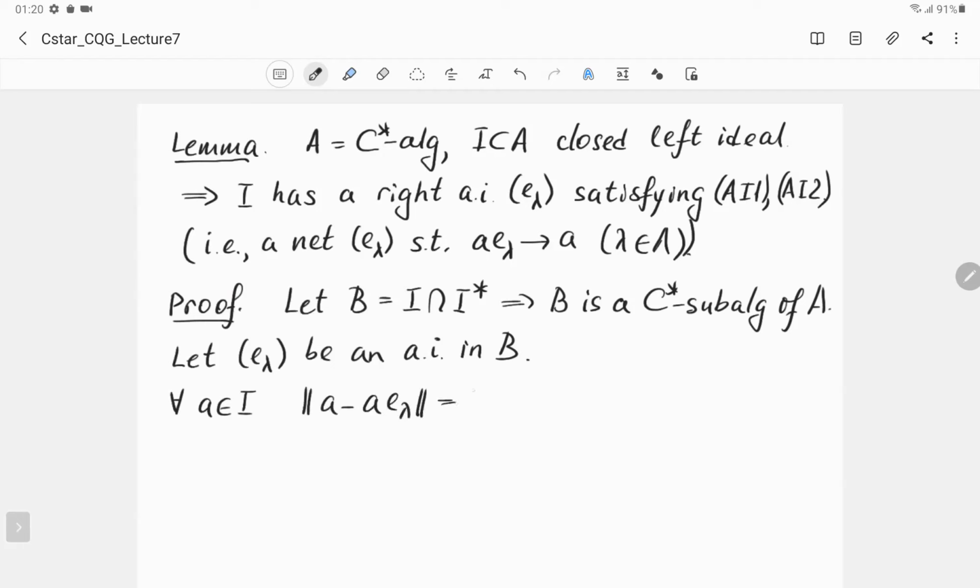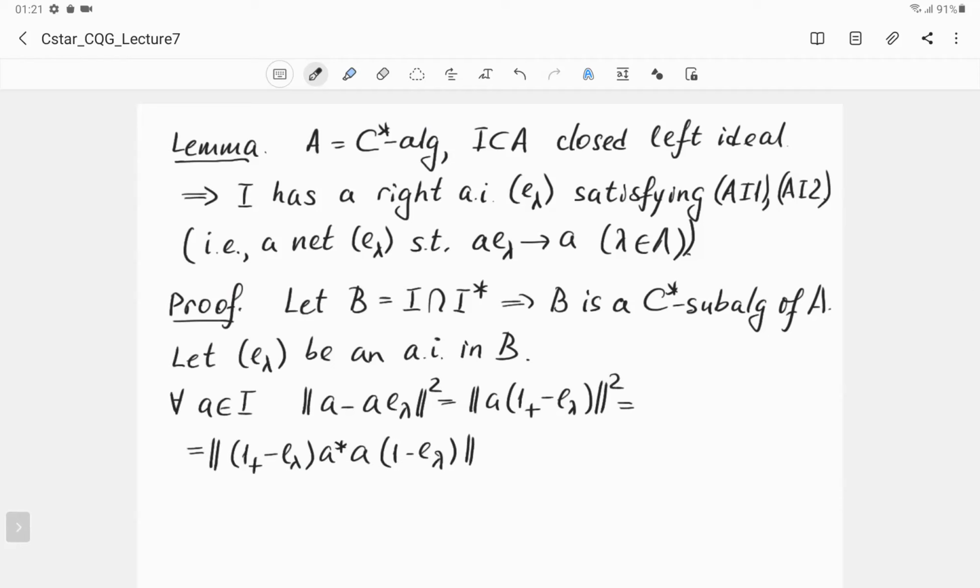So we write this element as a multiplied by 1 minus e_lambda. And we apply the C-star identity. So the square of the norm of this element is equal to the norm of (1 minus e_lambda) a star a (1 minus e_lambda).